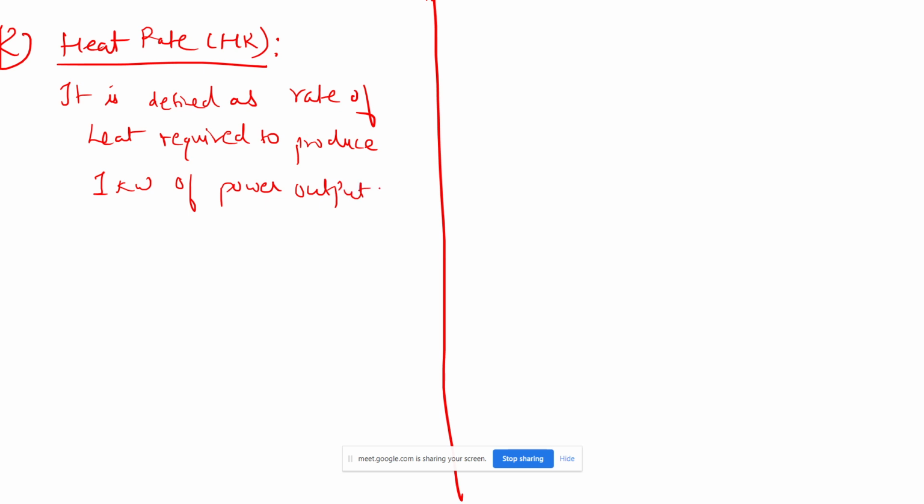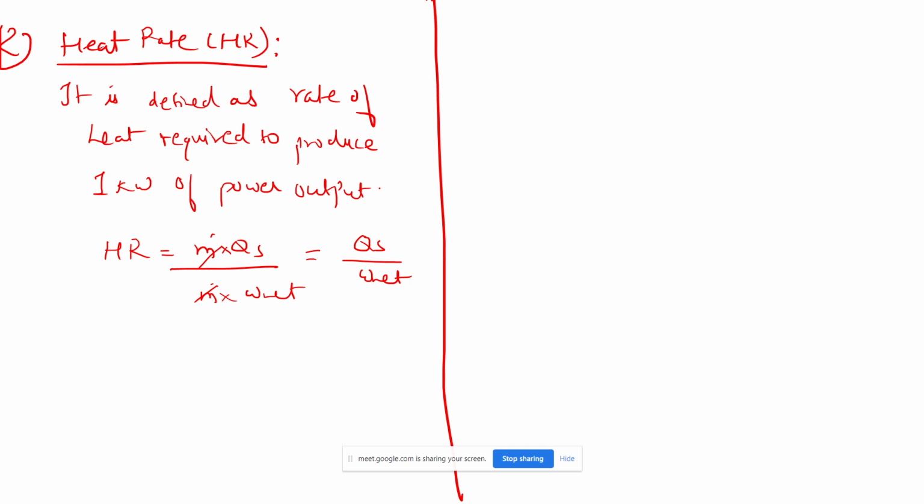Okay, so its formula is m dot into qs divided by m dot into work net. So m dot will cancel each other out. So net heat supplied upon work net.